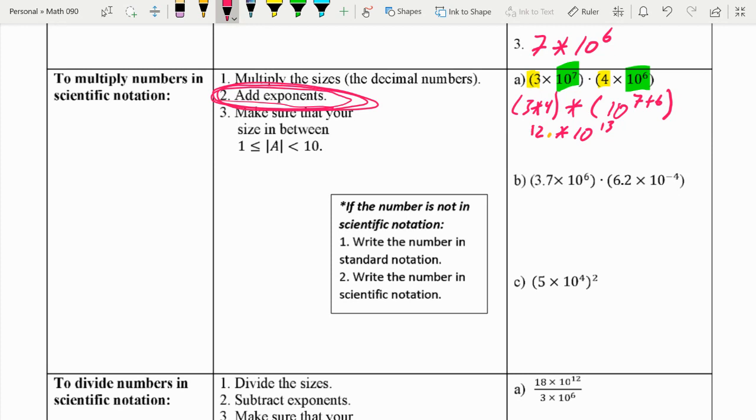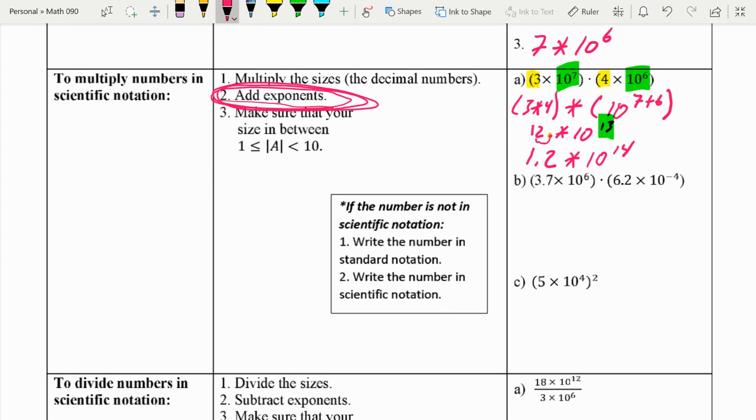So our decimal is right there. I have to move it one space over. So I end up with 1.2. Well, since I moved that space to the left one, I have to add that one space to the 13. So it's going to be 10 to the 14th power.